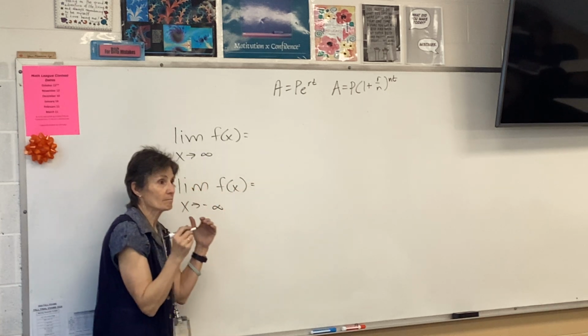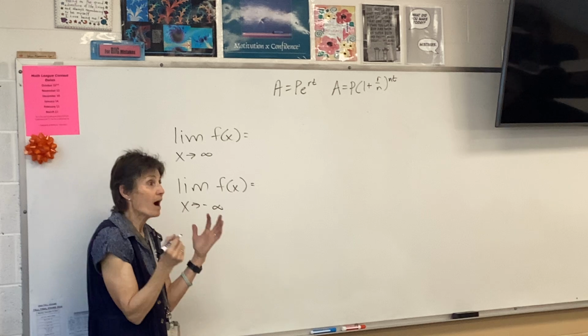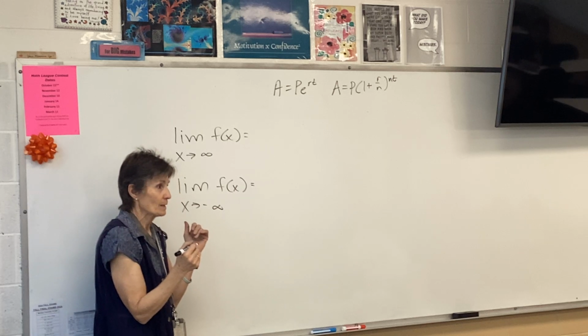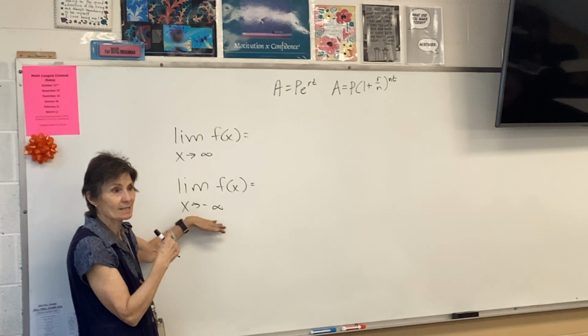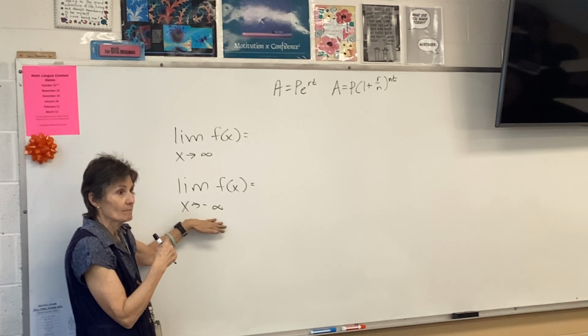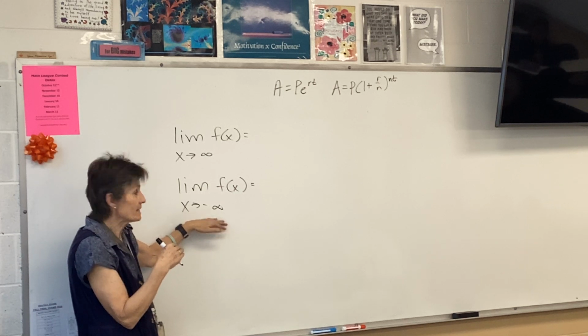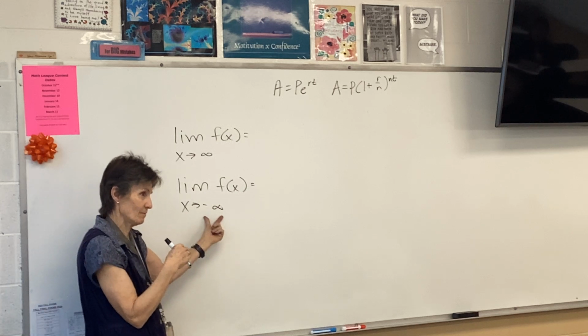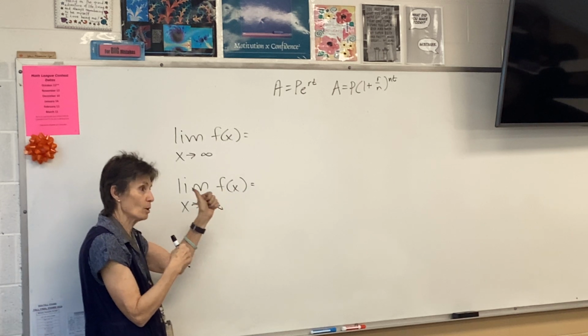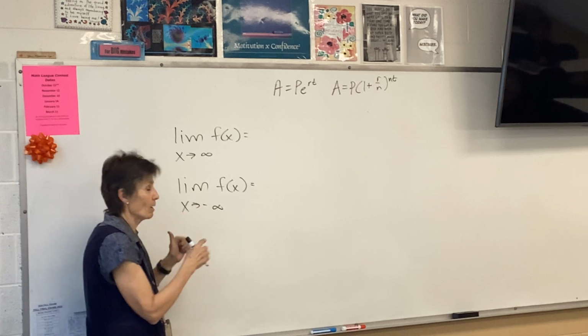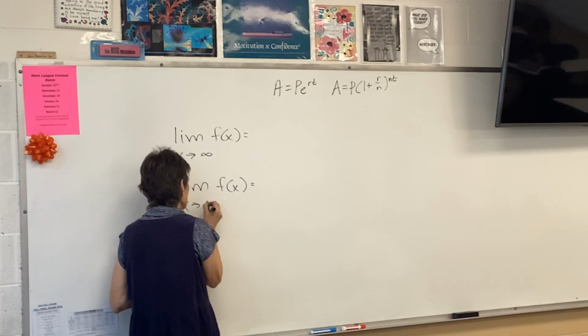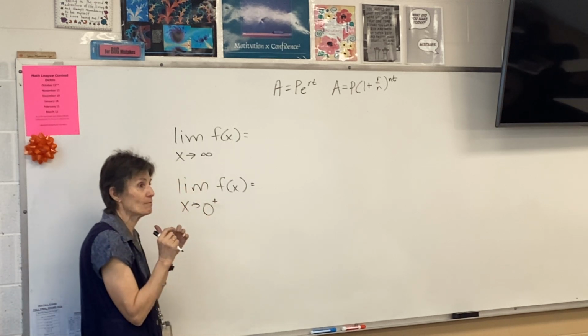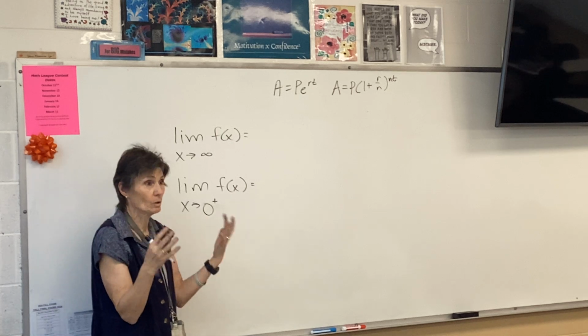Would you agree with that? That's how we do it. But not with logarithms. Would you agree this doesn't make sense for your basic logarithmic function? Because it does not approach negative infinity. What does it approach? 0. 0 from the right. So this is going to be your end behavior for a normal logarithm.